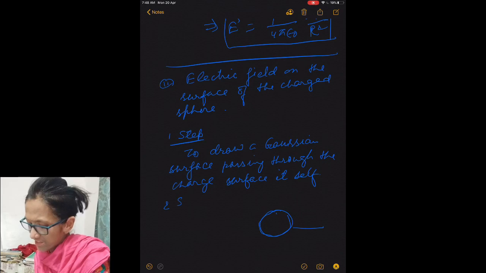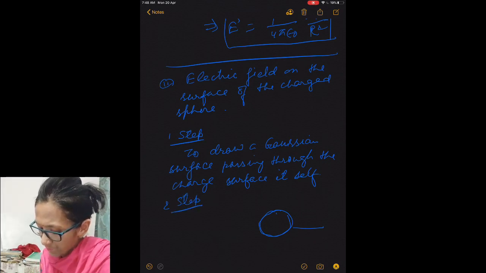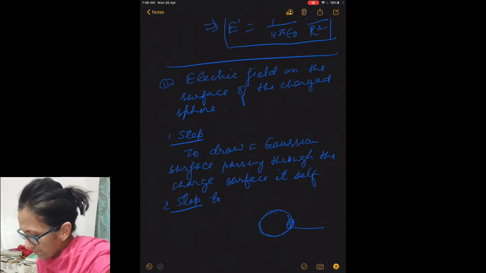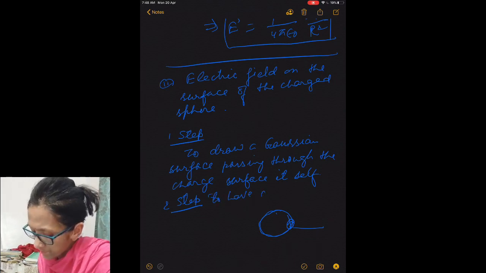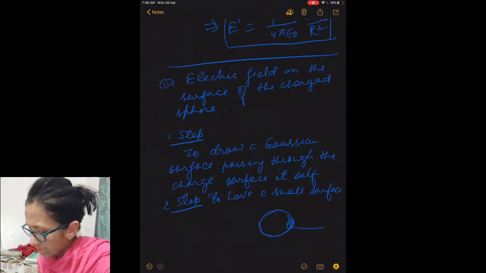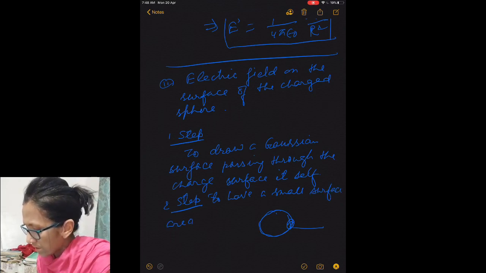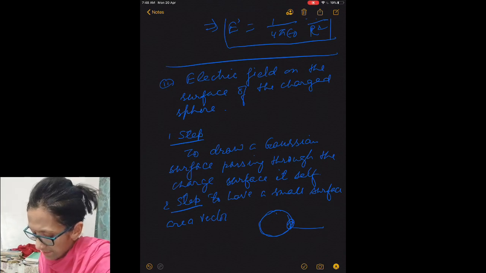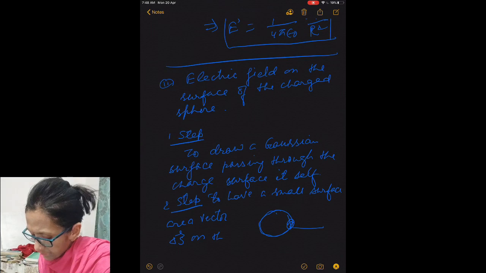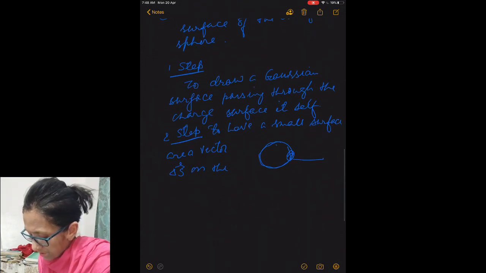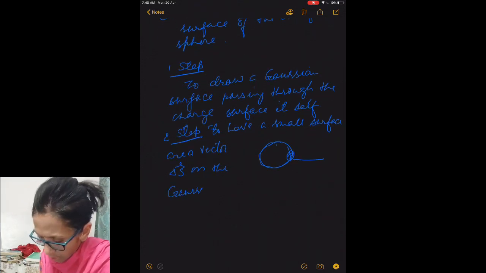This is our Gaussian surface. And step 2, take a small surface area vector del S on the Gaussian surface.